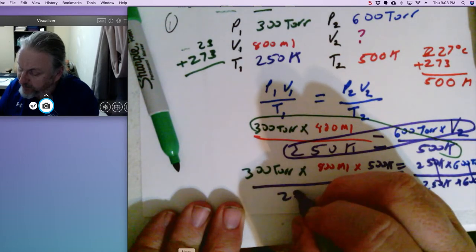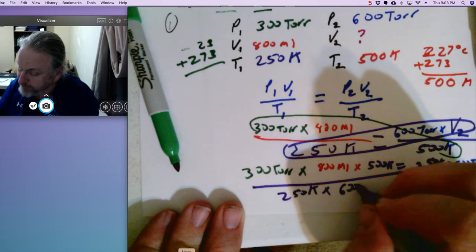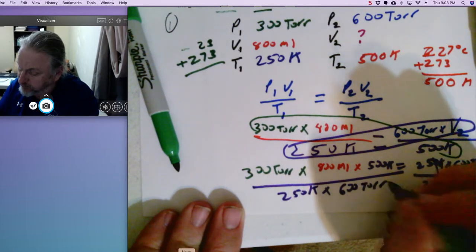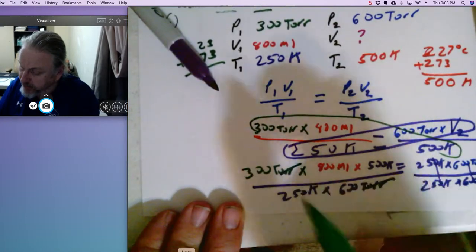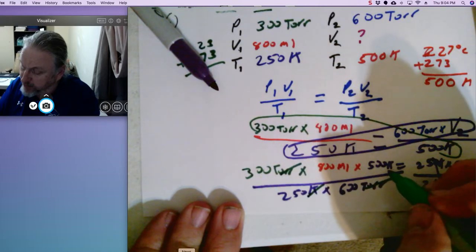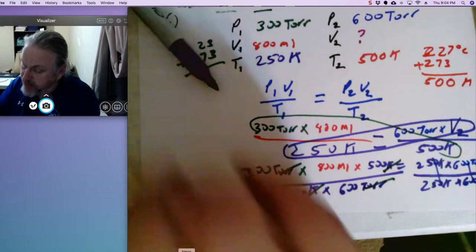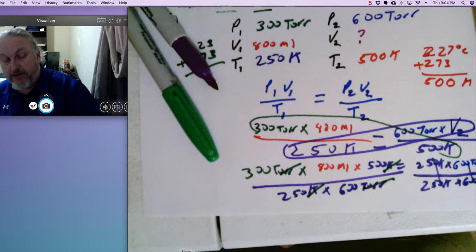So 250 K times 600 torr. If I want to do a real good check, I'm going to cross out my units, and I should have my volume measurement. I cross out those units, and that's going to leave me with milliliters. So now all I've got to do is hit my calculator.